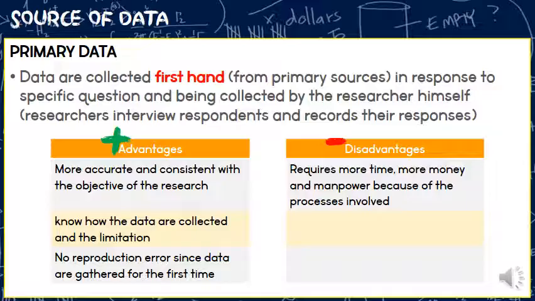And there will be no reproduction error since the data are gathered for the first time. But the disadvantages will be it requires more time, more money and manpower because of the process involved. Okay, you need to collect the data yourself, or sometimes you need to hire someone to collect the data for you. So it will cost you more time, more money, more manpower, and etc.